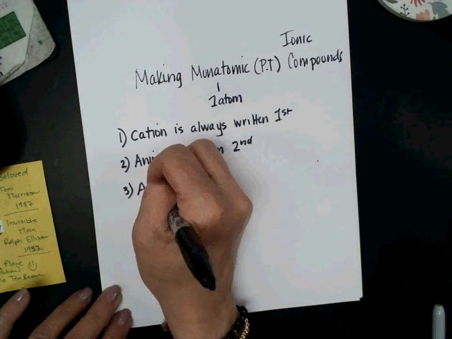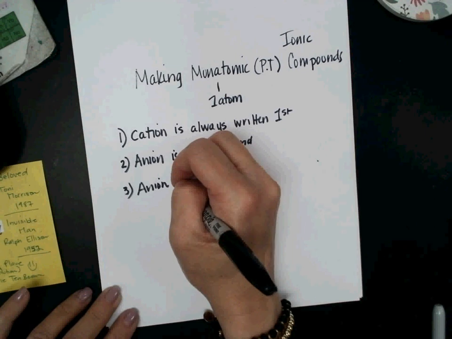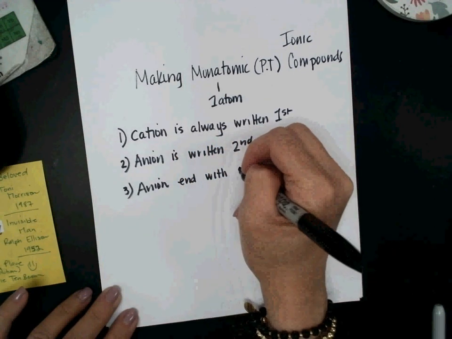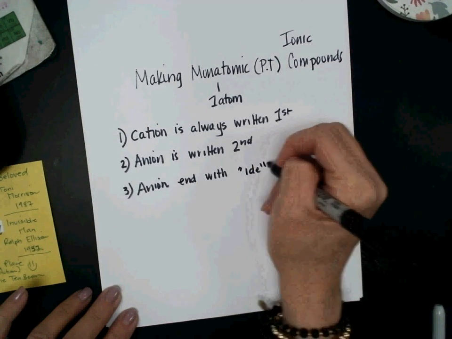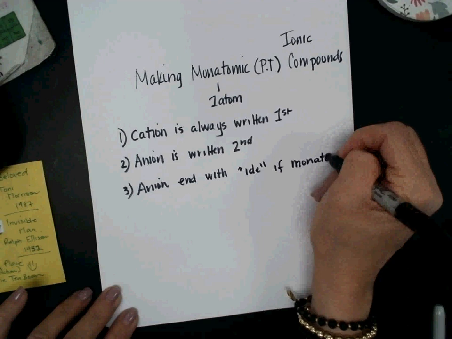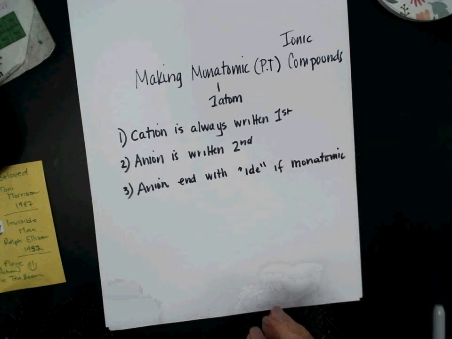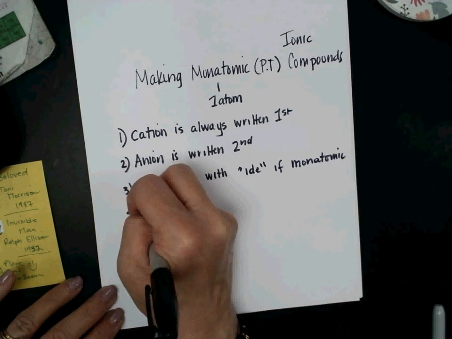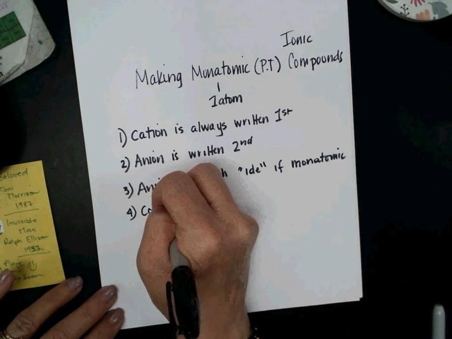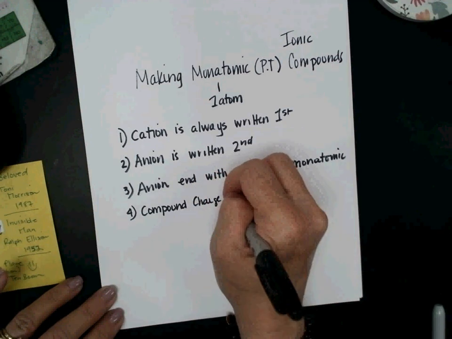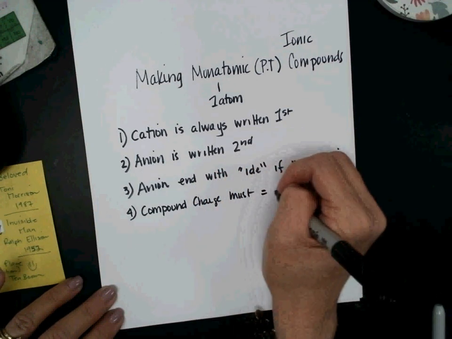The anion ends with always IDE if monatomic. We're not even going to worry about polyatomic today. And then the fourth thing we've already said, compound charge must equal 0.